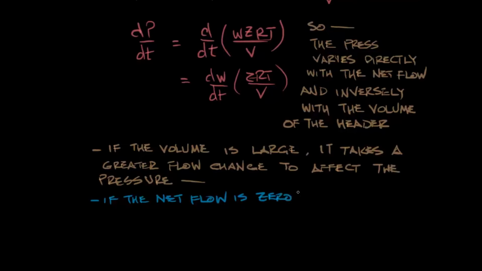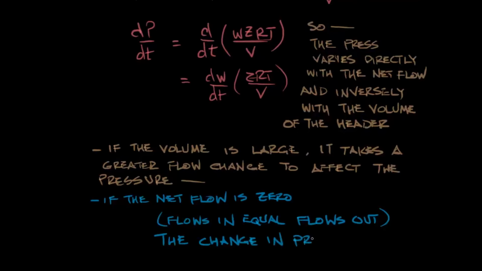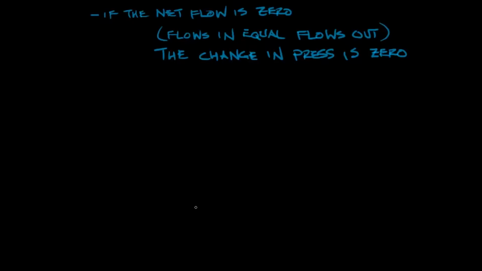So if the net flow is zero, in other words, all the flows in are equal to the flows coming out of the header, then you'll have no change in the pressure. So constant flow gives you constant pressure. I mean, no net change in the flow.